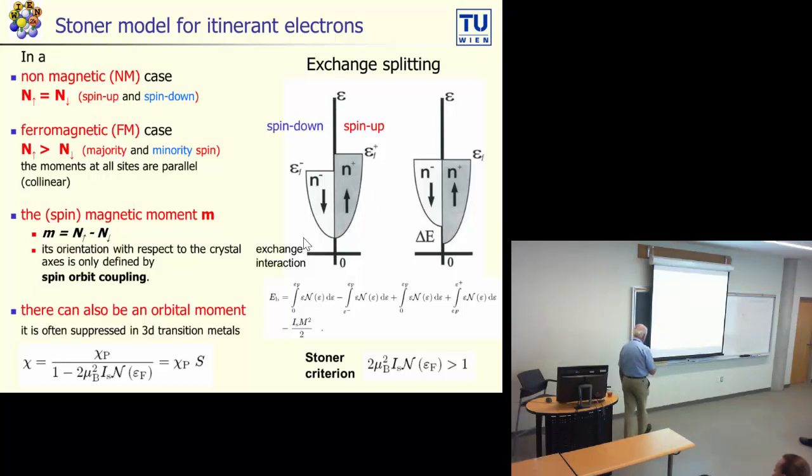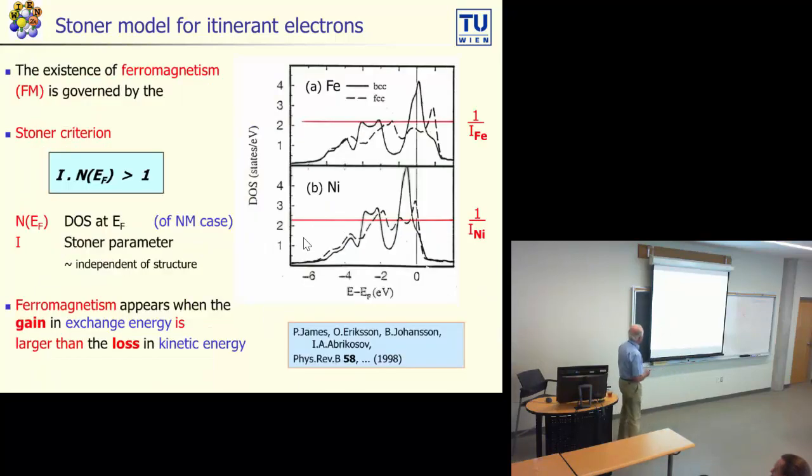There can also be orbital moments, and now the crucial quantity is the Stoner criterion, which you can derive, and I'm not going to describe that here, but basically it depends on the density of states at the Fermi energy in the non-magnetic system. So let's sketch it here. The Stoner criterion basically means the Stoner parameter I times the density of states at the Fermi energy.